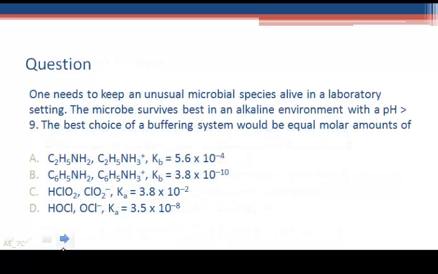Okay, so here we have a question where we're asking you to pick a buffer solution that would have a pH of more than 9. And we have 4 different situations, all of which have equal molar amounts of the acid and the conjugate base. So let's just take a look at the first one. Notice that we are given a pKb value, so we can think about our Henderson-Hasselbalch equation.